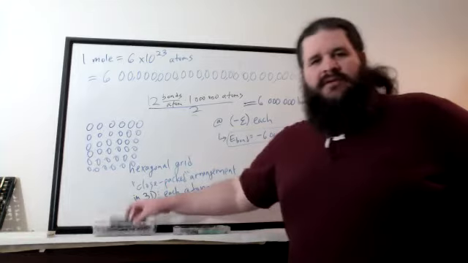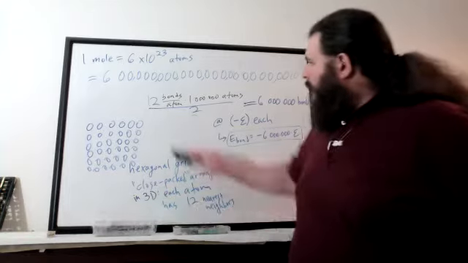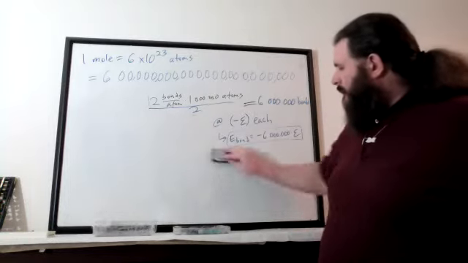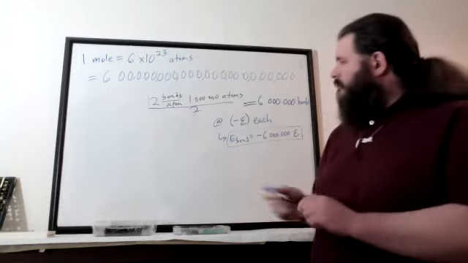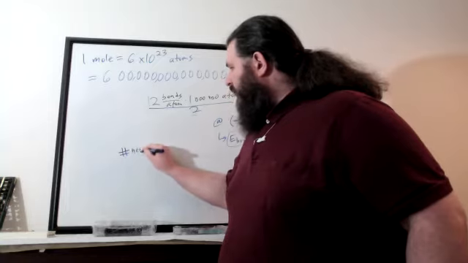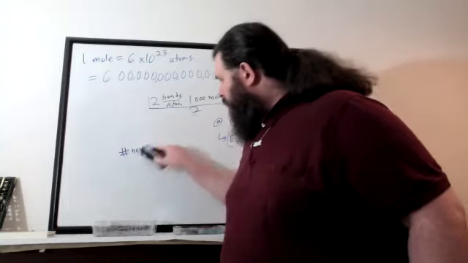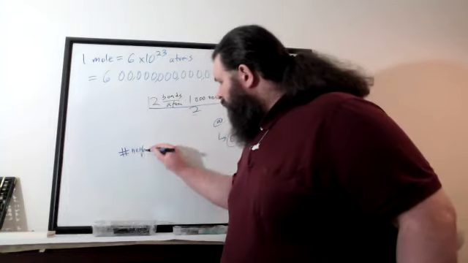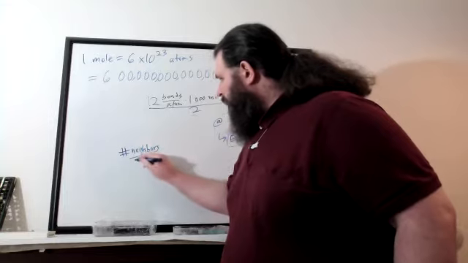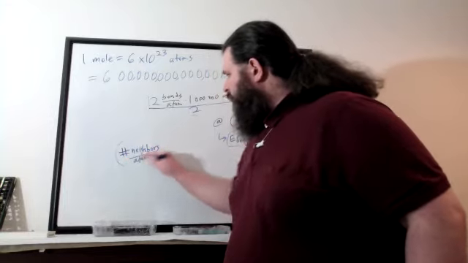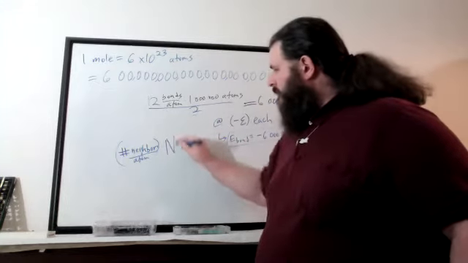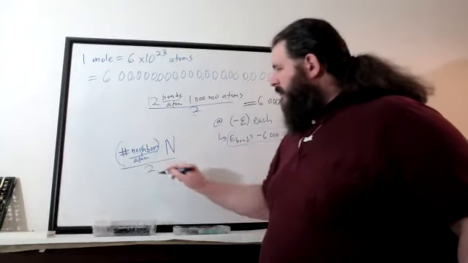So we can use this to build a formula for bond energy. Looks like what we were doing here was we were taking 12 bonds per atom. That's just number of nearest neighbors per atom. So we take number of nearest neighbors per atom times number of atoms, capital N, divide by 2 to eliminate double counting.